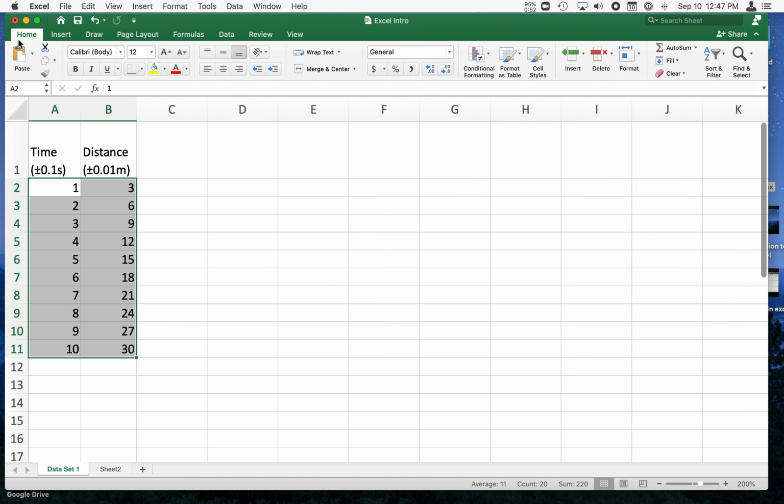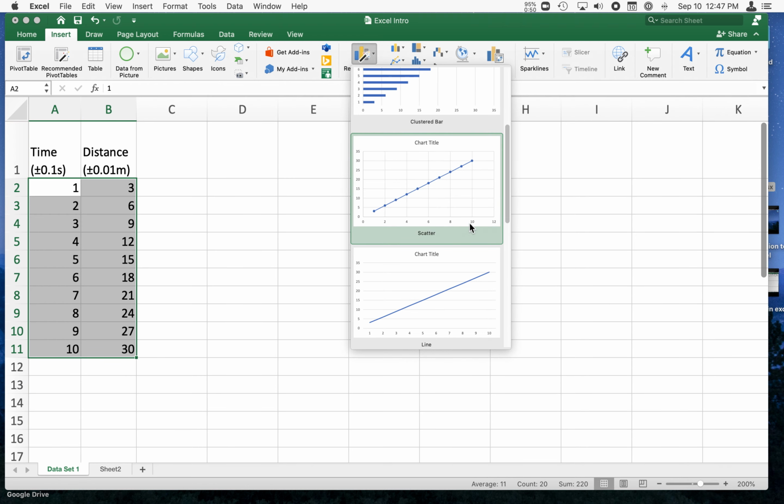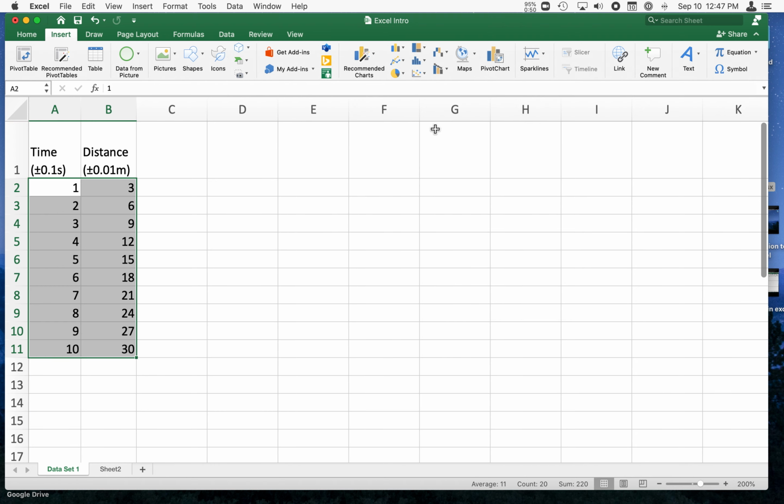So we come up here in the ribbon, you come up to Insert. And then in the middle, you have these dots. Now, a lot of people I see try to go to the recommended charts, and it's not usually a good idea. Okay? For this class, your graphs should always be XY scatters.